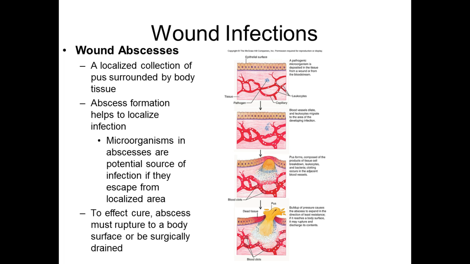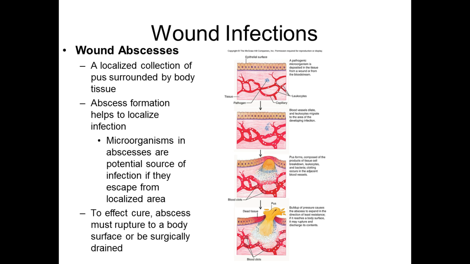Plus, if you don't do it properly, the bacteria are in that pus, right? And if you puncture it and you don't do it in the right way, you could actually cause it to spread, right, in your tissue, right? So you can make the infection worse. So that's the downfall with abscesses, when they don't bust to the surface, right? And when they themselves become a source of infection for other areas.